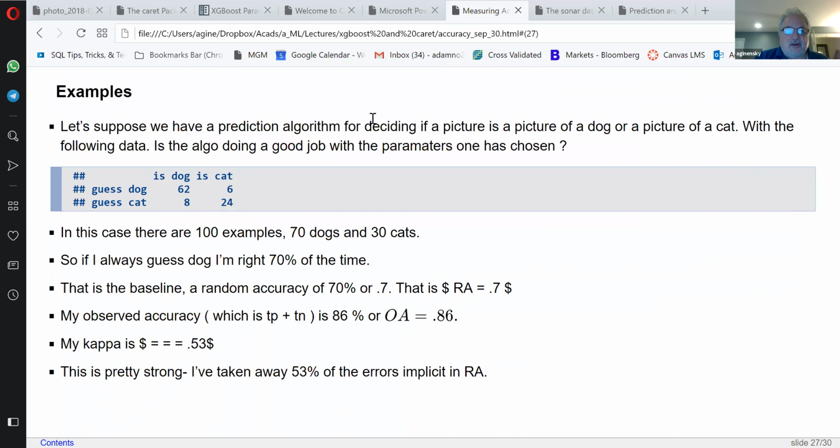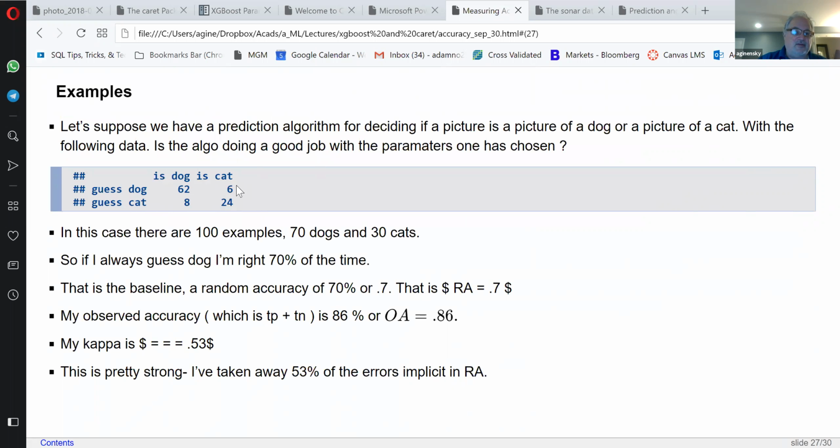All right, so I just wanted to go through one example because I think sometimes when you see these things, you can do it. So suppose you have a bunch of pictures of dogs and cats, and 70 of the pictures are of dogs and 30 of the pictures are cats. And here's your confusion matrix. You guess dog 68 times, you're right 62, you're wrong 6. You guess cat 32 times, you're wrong 8 times, you're right 24.